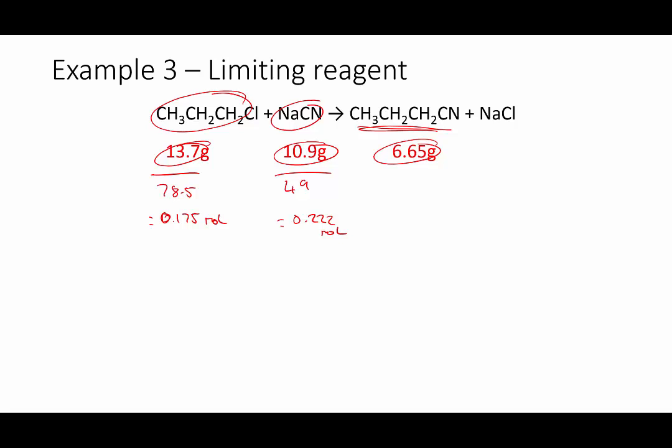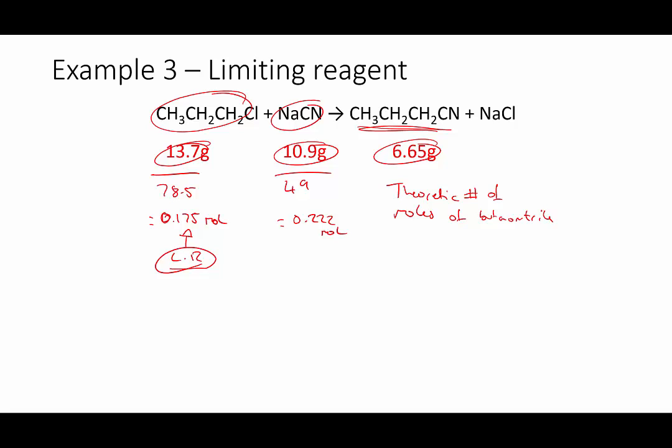Therefore, the limiting reagent in this situation is 1-chloropropane, not sodium cyanide. Now that we've correctly identified the limiting reagent, let's work out the theoretical number of moles of butanenitrile, which is in this case the product.